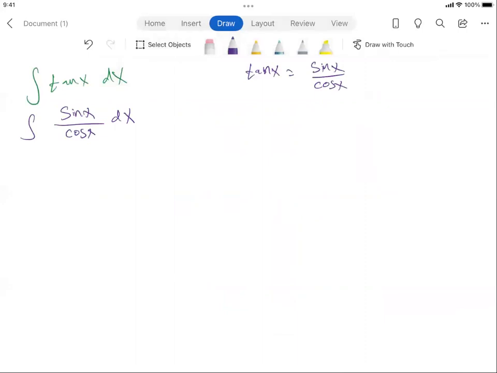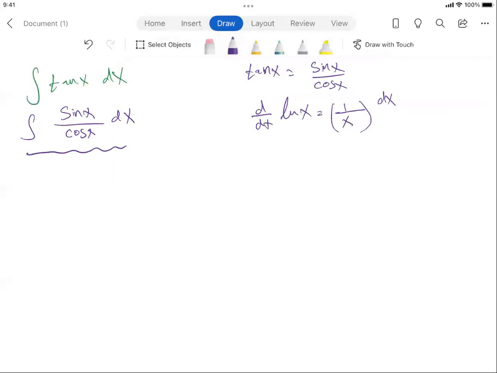Okay, well, I know that d over dx of natural log of x is simply 1 over x multiplied by dx. So if I think about my problem, I have cosine at the bottom, and the derivative of cosine is negative sine.